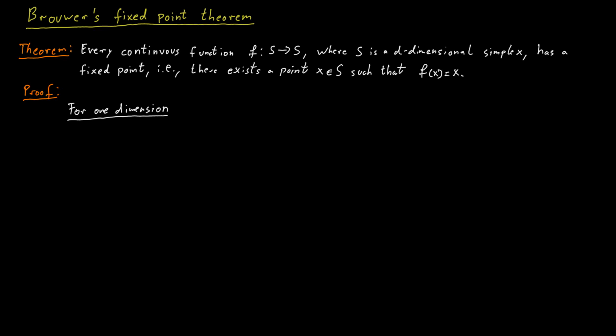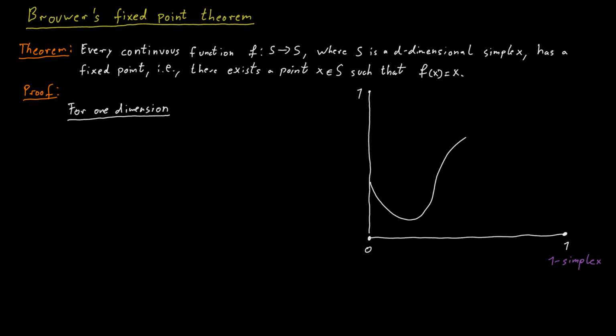For the one-dimensional case, the simplex, the one-dimensional simplex, is just a line. Say it's a line containing the real numbers between 0 and 1. And so if we have a function from the interval 0, 1 to the interval 0, 1, we can plot this function. It might look something like this.